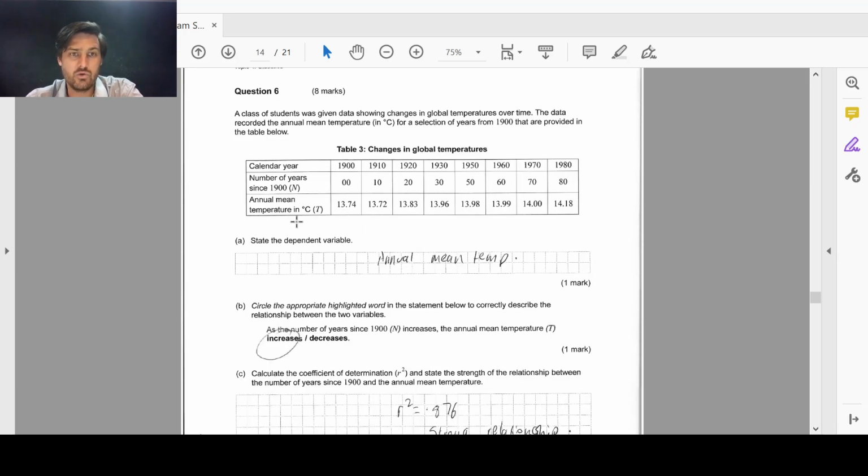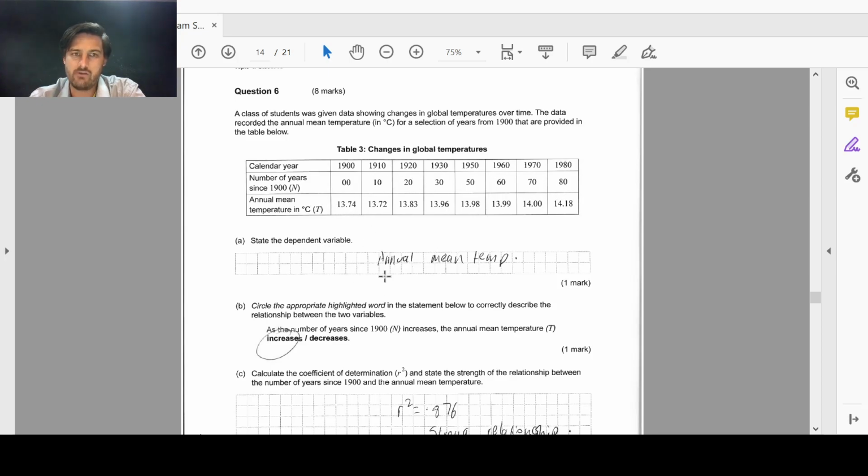The dependent variable in this case is the annual mean temperature. So it's the thing that is measured. If they ask this question, and sometimes they do, sometimes they don't, the independent variable is usually like a time scale or something like that.